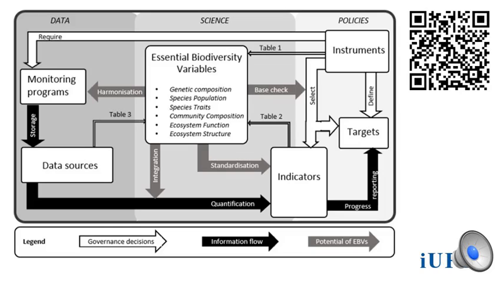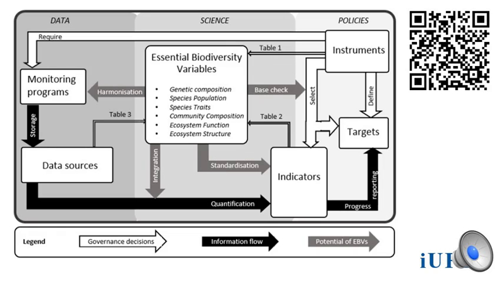So the policy also needs to know, okay, the data which we have collected, which we want to collect in the future, how does it need to look like? How does a good monitoring scheme look like? And how can we store all that huge amount of data? Then we can come to decisions and governance of biodiversity, and allow for a smooth information flow to really use the potential of these.